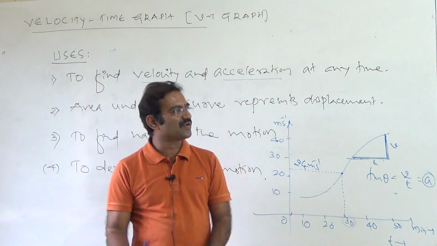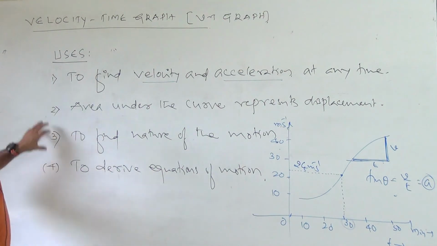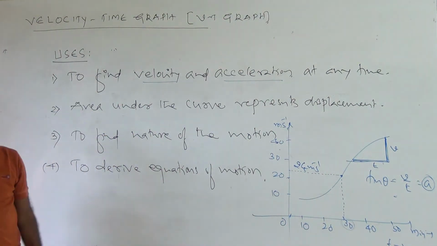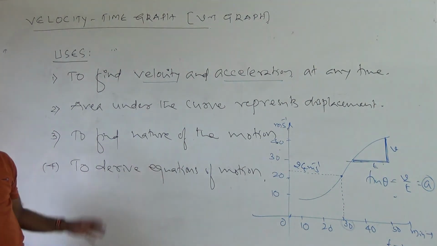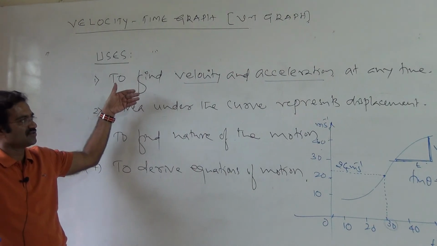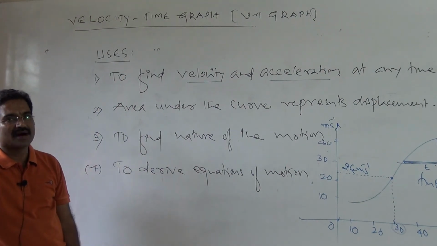So these are the 4 important points, and in your examination they ask only what the uses are. No need of giving the explanation, you just have to write these 4 points to get the marks.